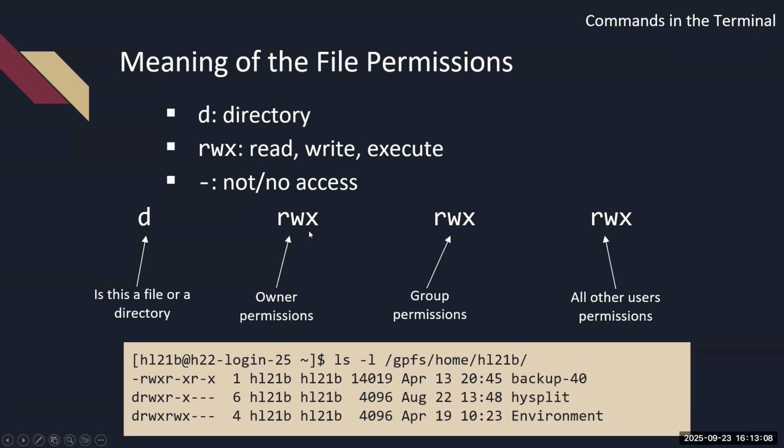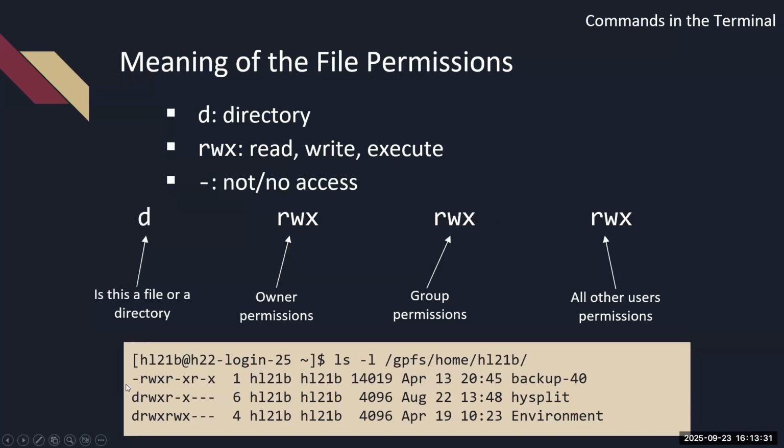In this case, you can think about it: I am the owner of this file, I can read, write, execute. And my group members can read, write, execute. And all other users on the HPC system can read, write, execute. If that were always the case, it would not be that secure for your file, right?